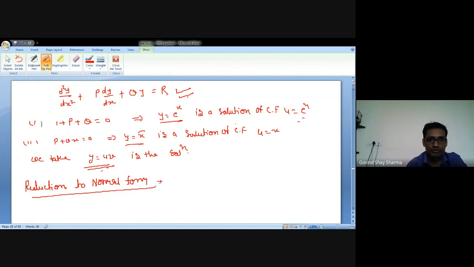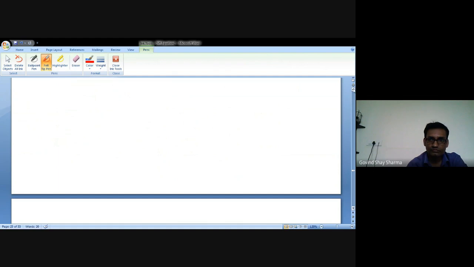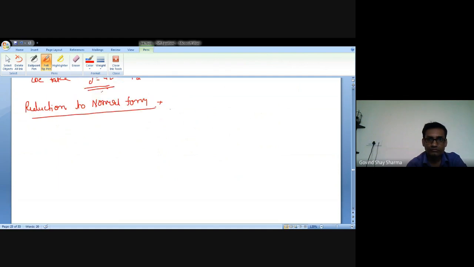Reduction to normal form. Let the differential equation be d2y dx2 plus p dy upon dx plus qy is equal to r. Let y is equal to uv be the solution.